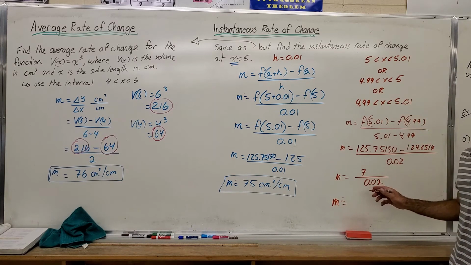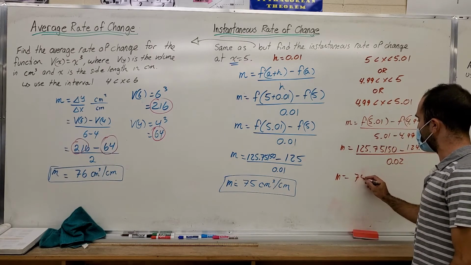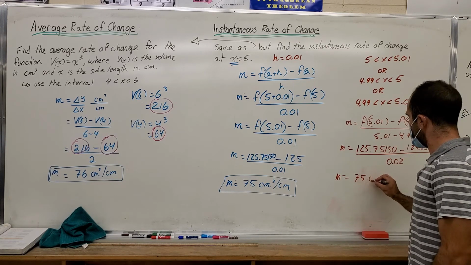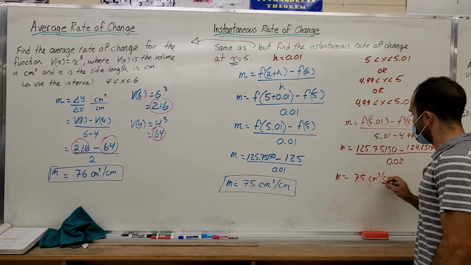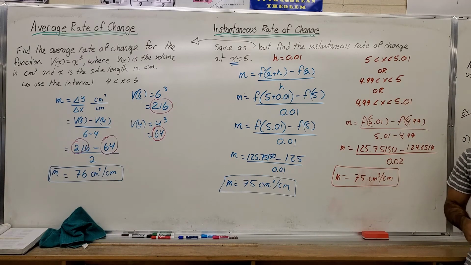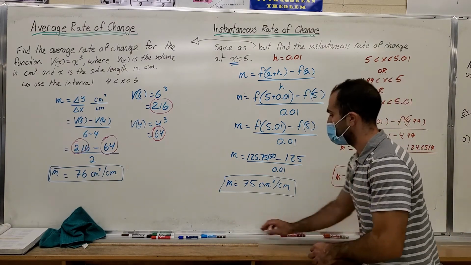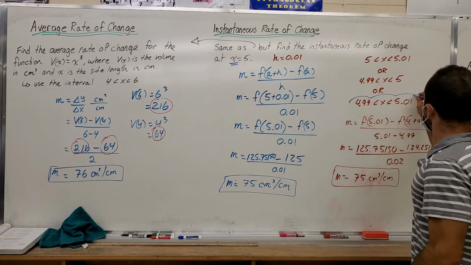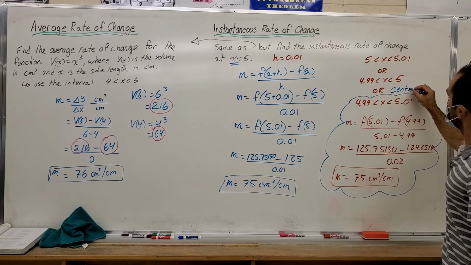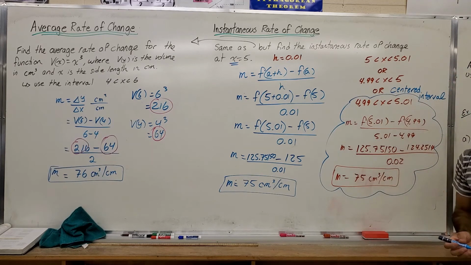Oh, you already divided by 2? Divided by 0.02? Yeah. Alright, fine. 75.0. How about that? Beauty. Same answer. And this is using what we call centered interval.